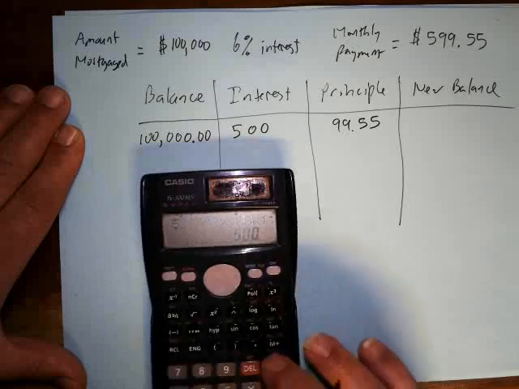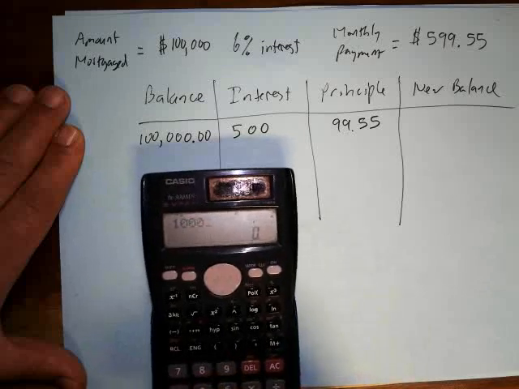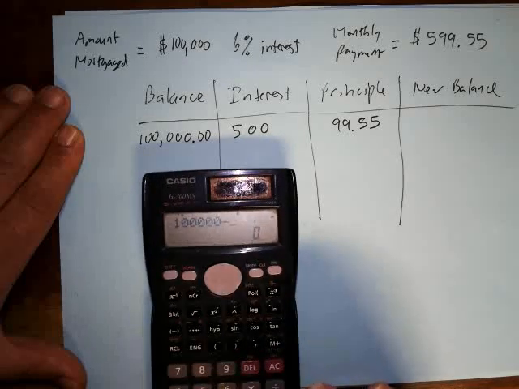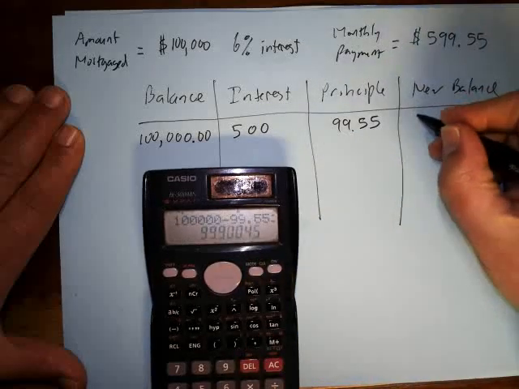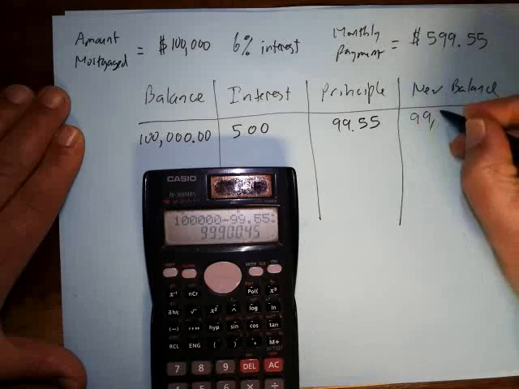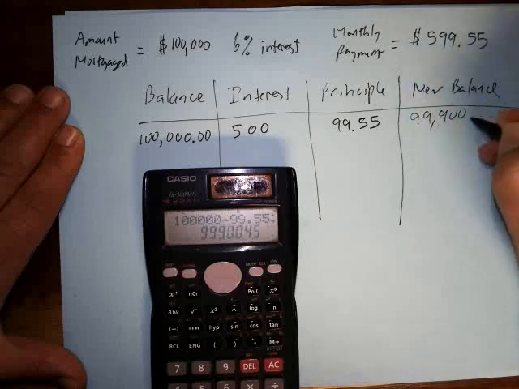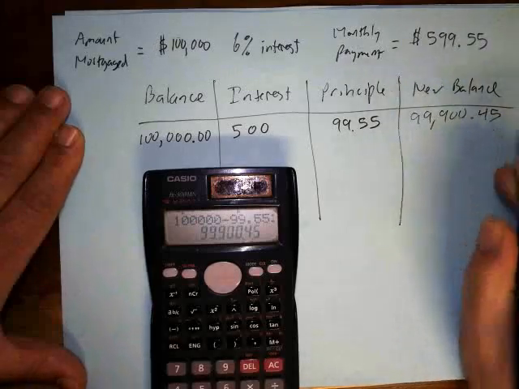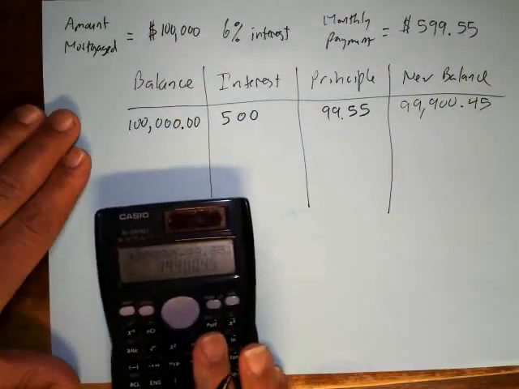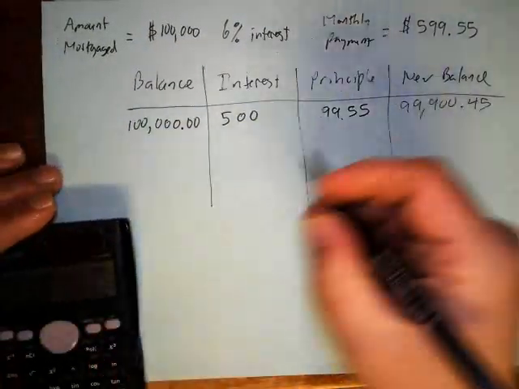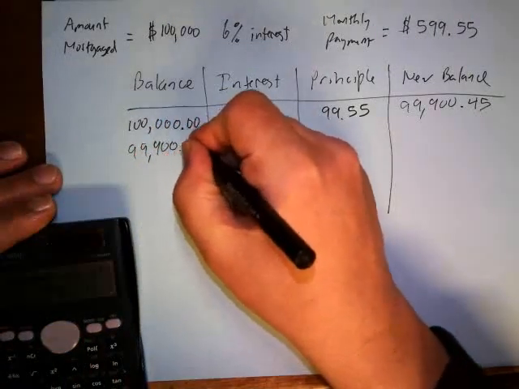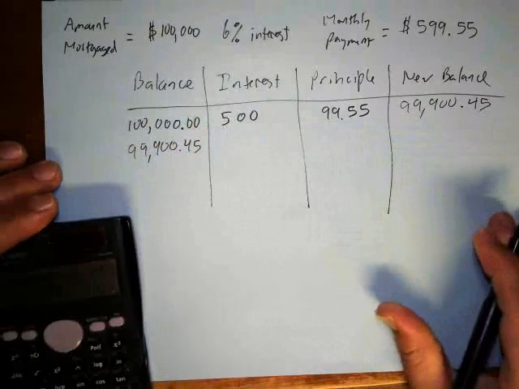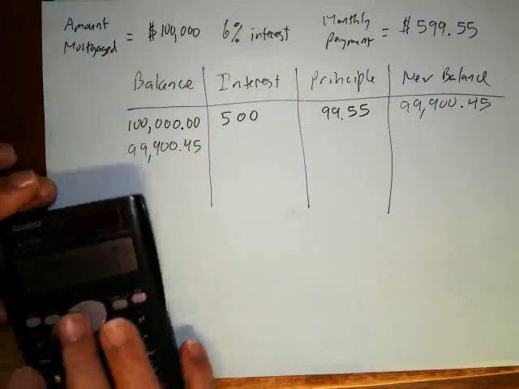So it'd be 100,000 minus 99.55, and this would be 99,900.45. So if you had it in there like that, that would work. And then you would need to carry this over here. Again, all these numbers would need to be correct. Okay.